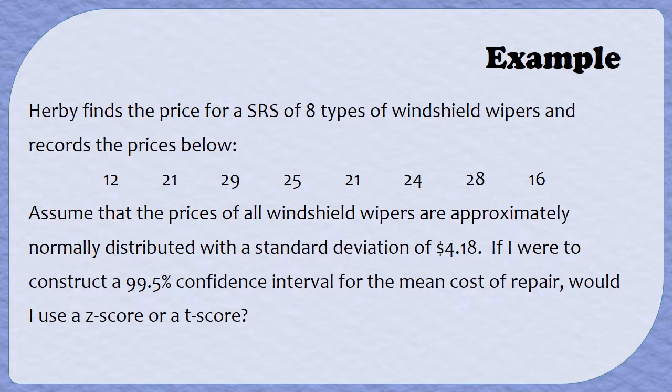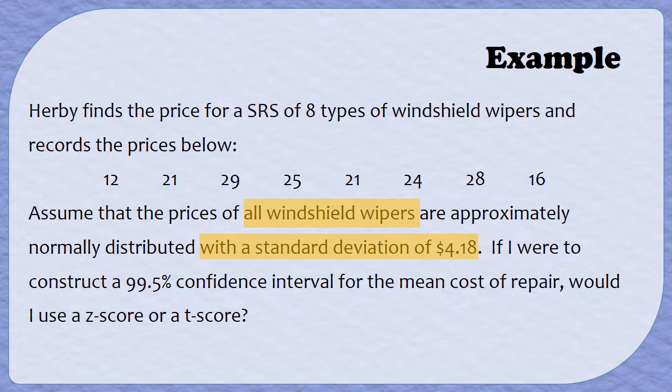In this case, we're presented with sample information at the very beginning because this is our sample that we're using. But after that, it then says, assume that the prices of all windshield wipers are approximately normally distributed with a standard deviation of 4.18. So this sentence after the data set is a sentence that's about all windshield wipers.